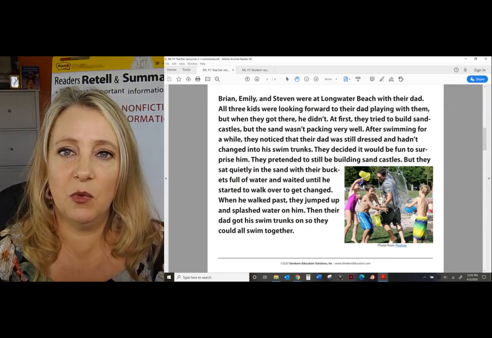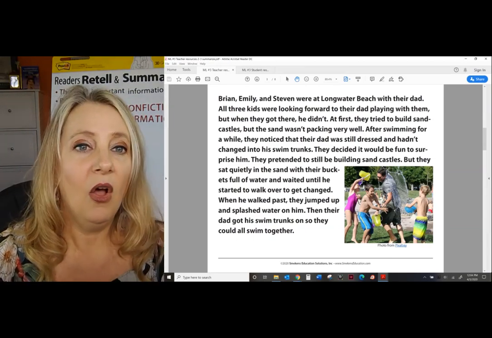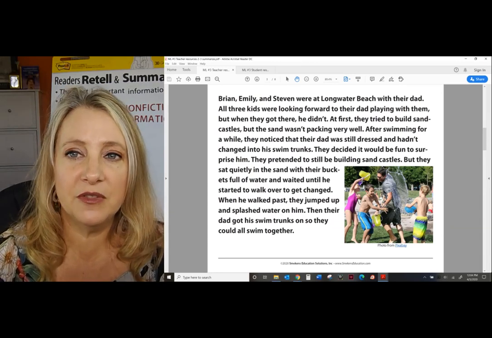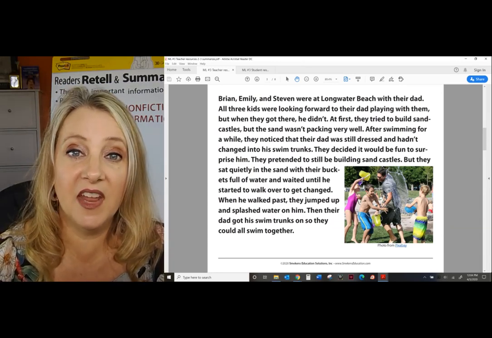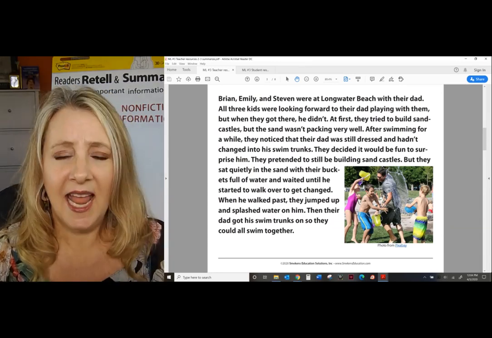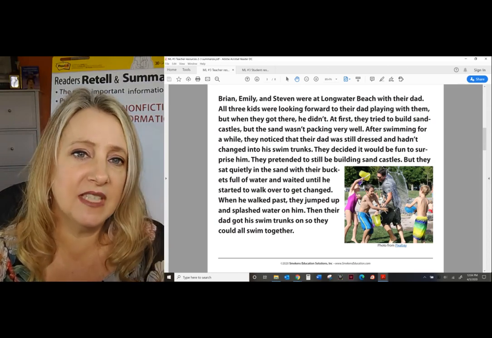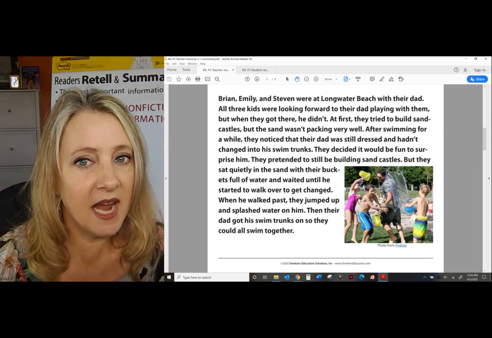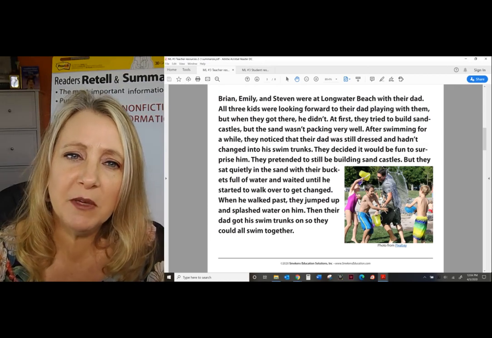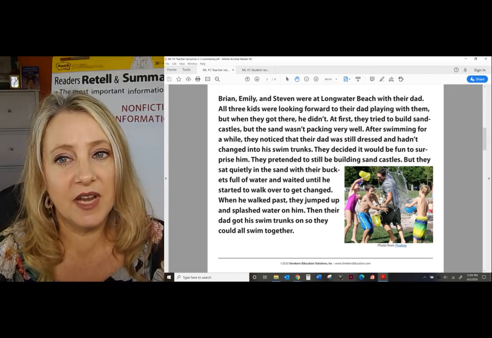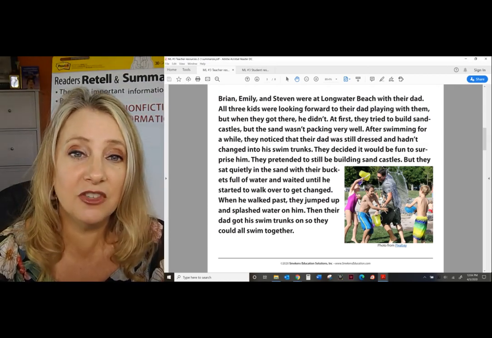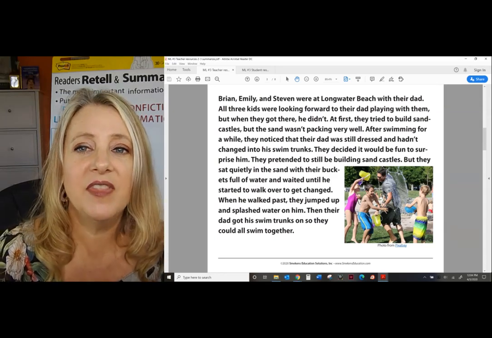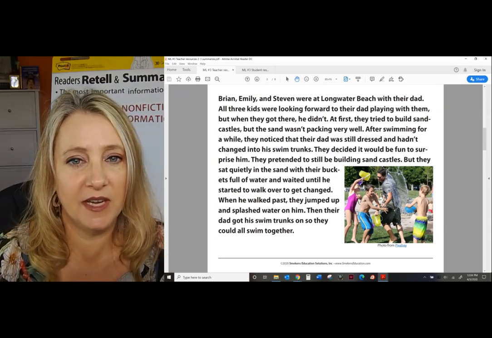Brian, Emily, and Stephen were at Longwater Beach with their dad. All 3 kids were looking forward to their dad playing with them, but when they got there, he didn't. At first, they tried to build sandcastles, but the sand wasn't packing very well. After swimming for a while, they noticed that their dad was still dressed and hadn't changed into his swim trunks. They decided it would be fun to surprise him.